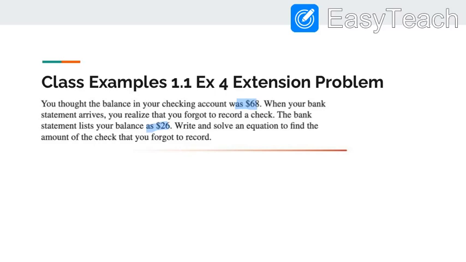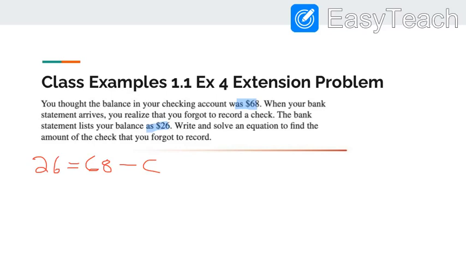So you could do this a few different ways. Again, you thought you had $68, so I'm just going to write it out here. So you thought you had $68. You really only had $26, meaning you had to subtract some amount for that check. I'm going to call it a C. Okay, so we have 68 minus C equals 26.